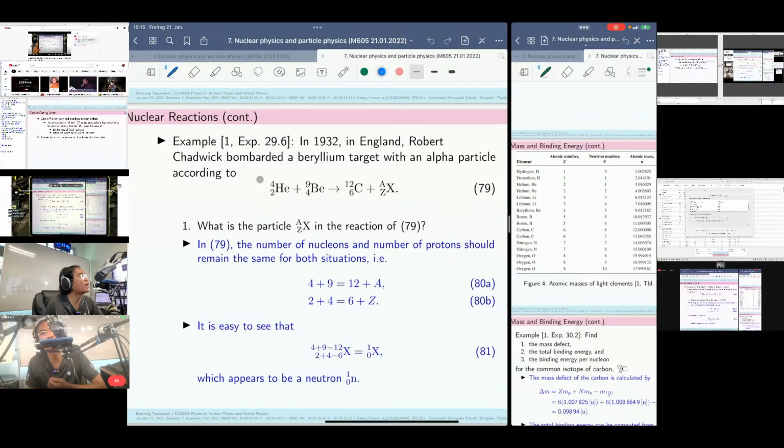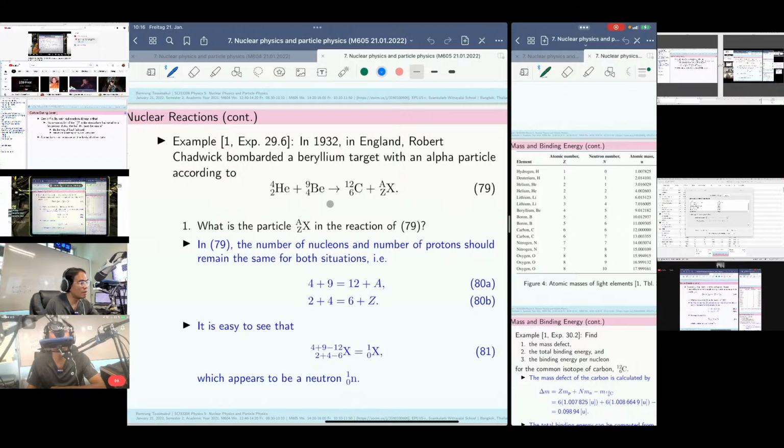The high speed alpha particle is going to crash into the nucleus of beryllium 9,4, a bigger isotope than beryllium 8,4.